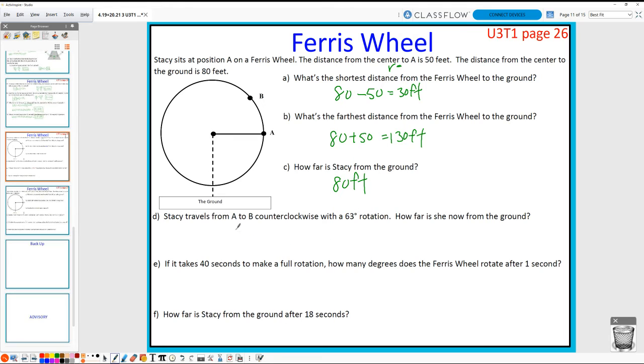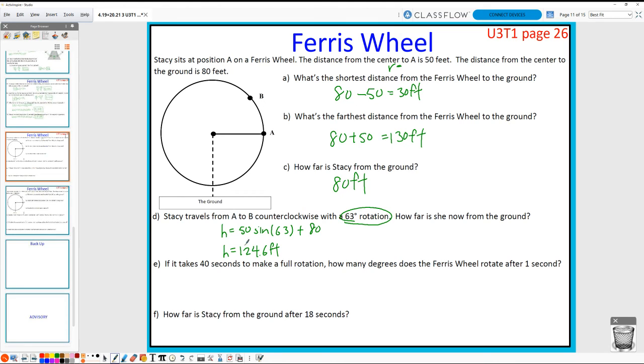So all I need to do is to say, well, h, my height, is equal to r, which is 50, sine of the angle of rotation, so 63, plus the height from ground, which is 80. I'm going to substitute that and put it all into my calculator. 50 sine of 63 plus 80. That's going to give me 124.6 feet.